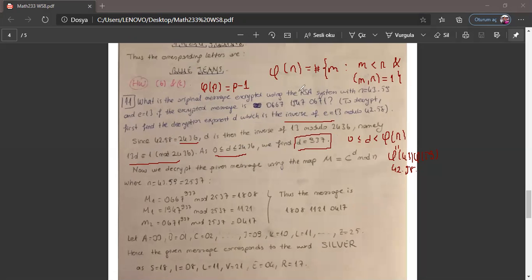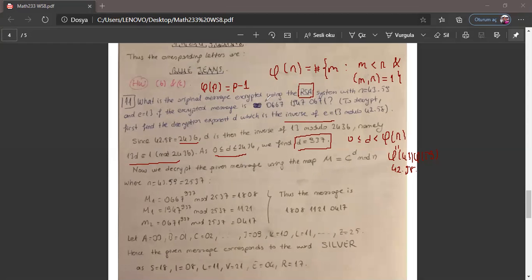Now as we will use to decrypt the RSA system, actually as the message was encrypted using this, we need to apply these ones. So we will find the numbers m using these ones.